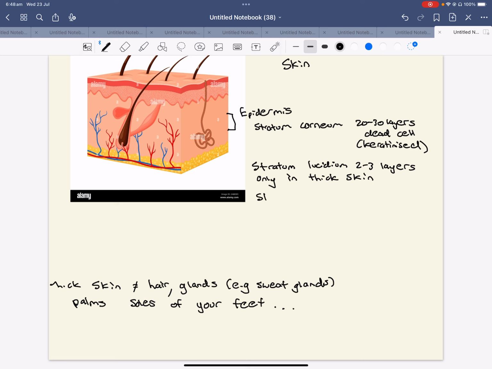Next layer. Granulosum is 3 to 5 layers of keratinization, which is just cells that produce keratin.